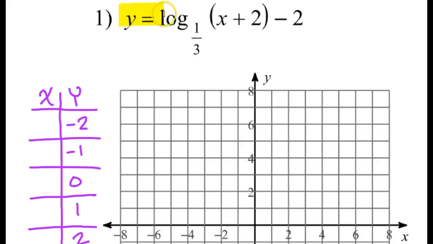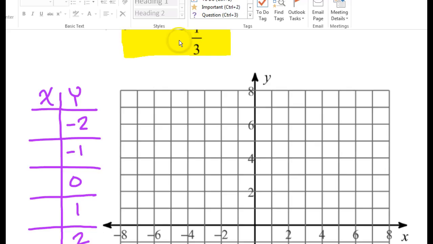When I talk about the parent function, I'm just talking about this part of the function, log base 1/3 of x. I will do the horizontal translation and the vertical translation on the graph itself. Especially if we're supposed to do this without using a calculator at all, this will be the easiest way.